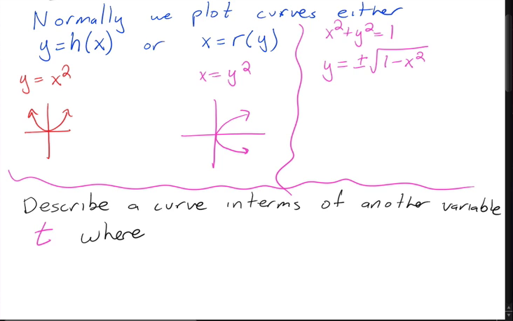So x is a function of t, f of t, and y is equal to, let's say, g of t. So you have two functions, each describing the x and the y values, but both are in terms of t. It's just a different way of writing.